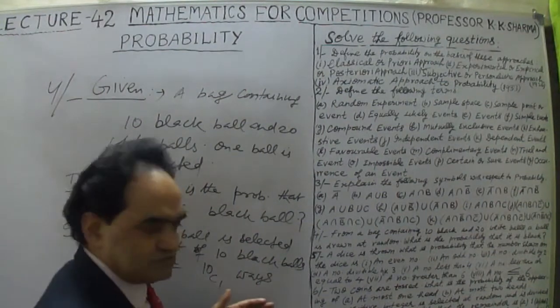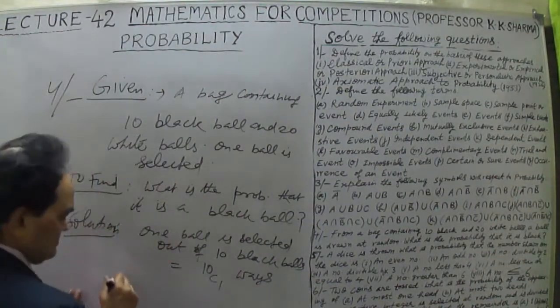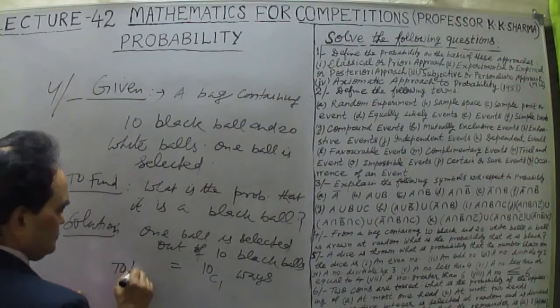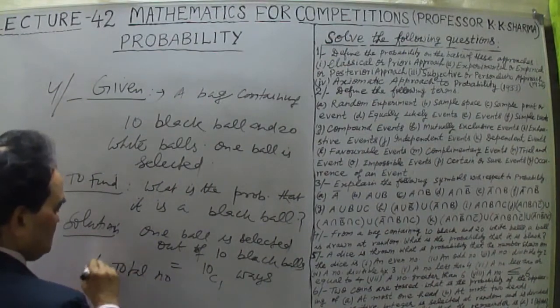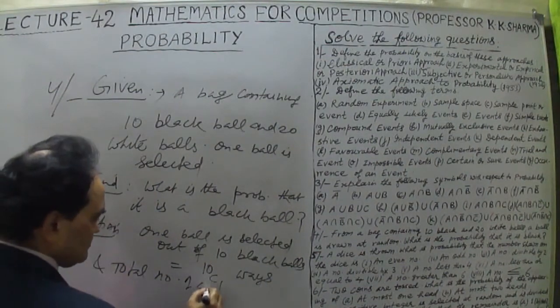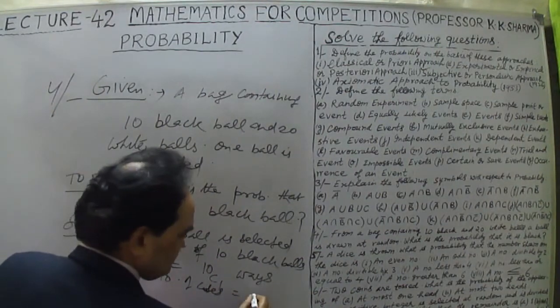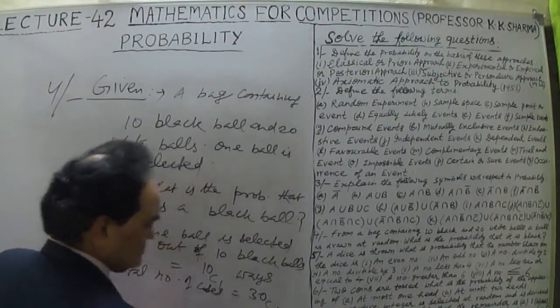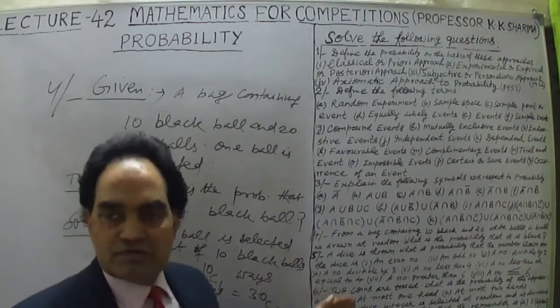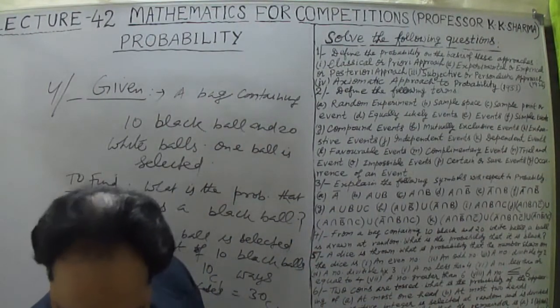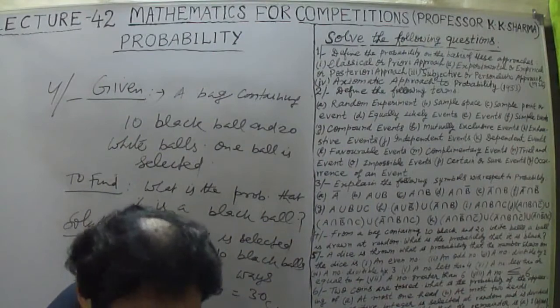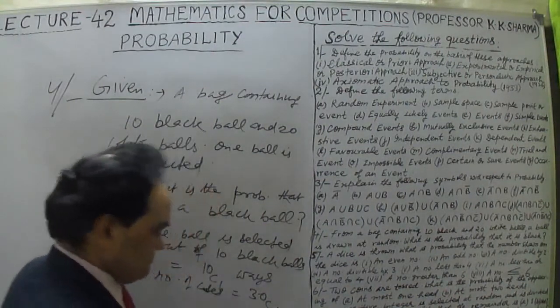This is favorable cases. Total number of cases will be out of 10 plus 20, 30C1. Favorable cases are 10C1. So 10 upon 30.